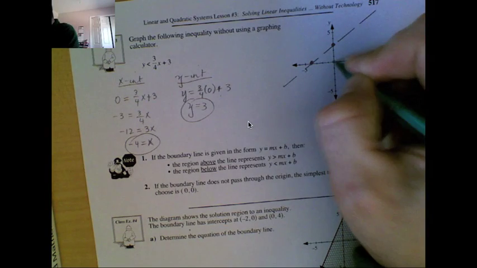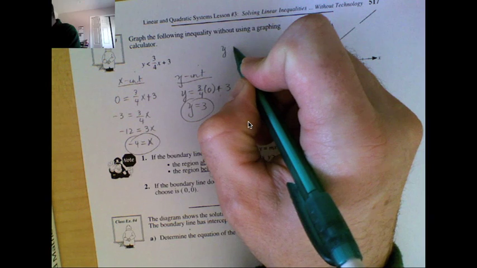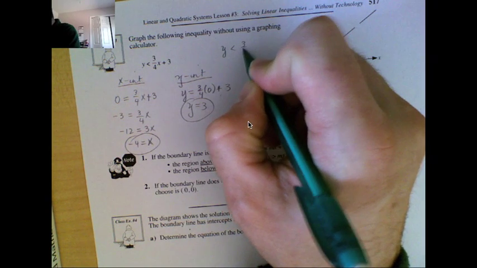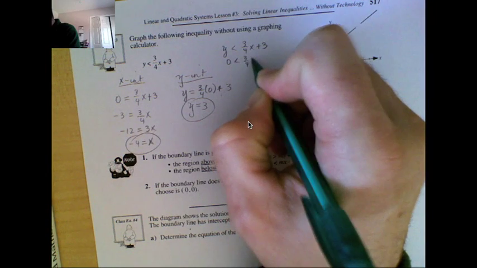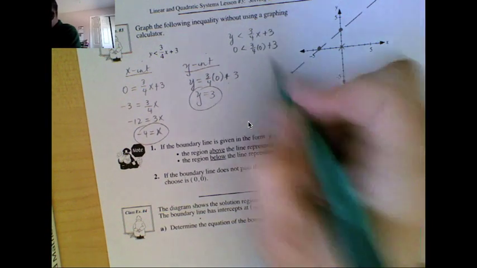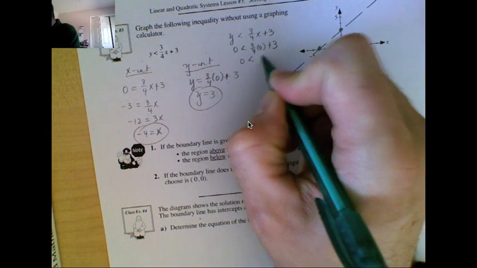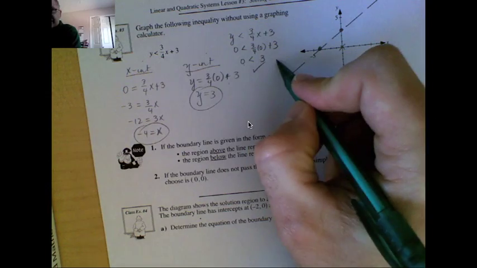And we're going to use the test point 0, 0. So I'm going to take y is less than 3/4 x plus 3, and I'm going to put 0 and 0 into this. So this says 0 is less than 3. Yeah, that's true. 0 is less than 3.